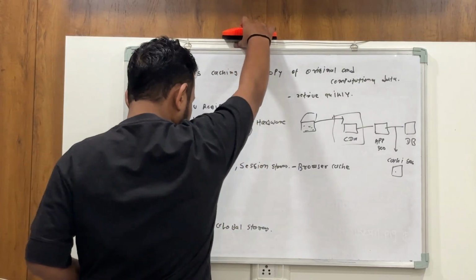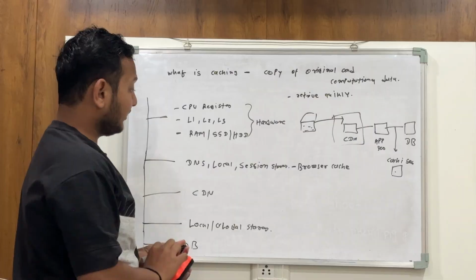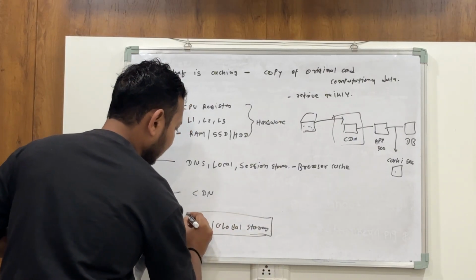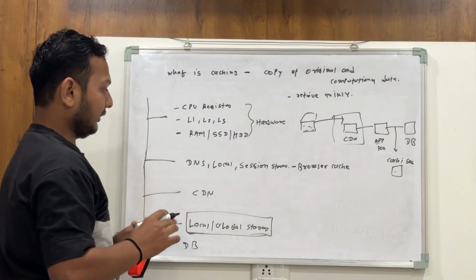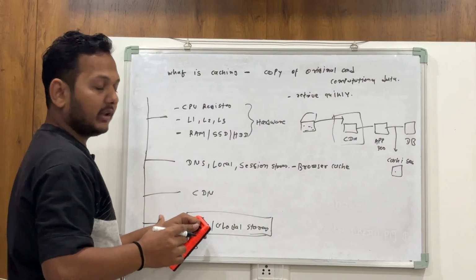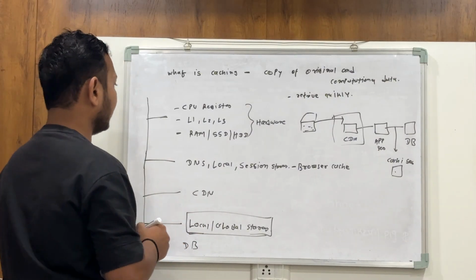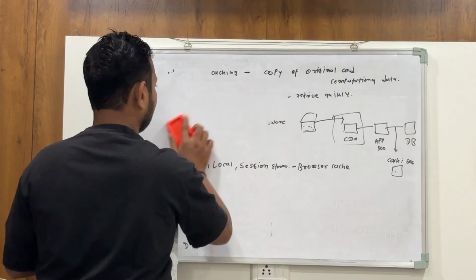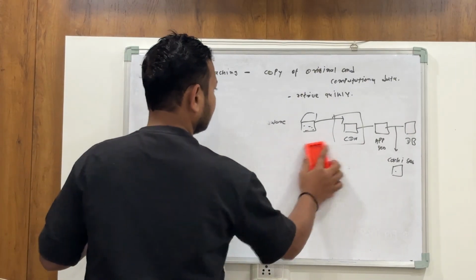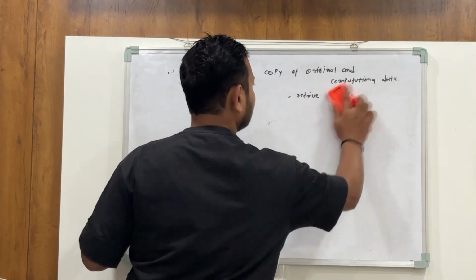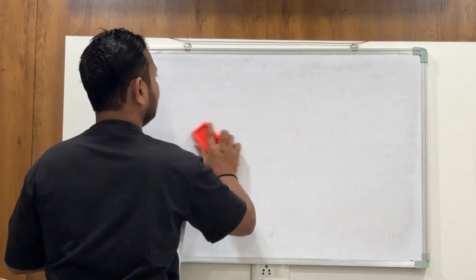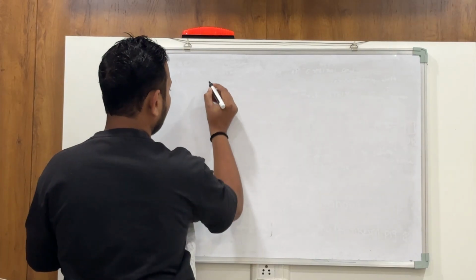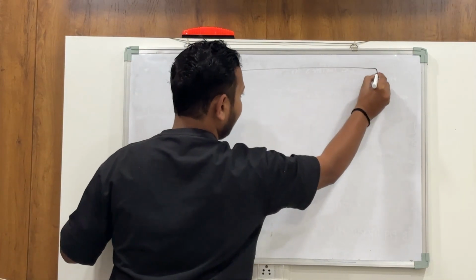Now let's see what is the difference between local and global storage. For example, this is my backend architecture, right?